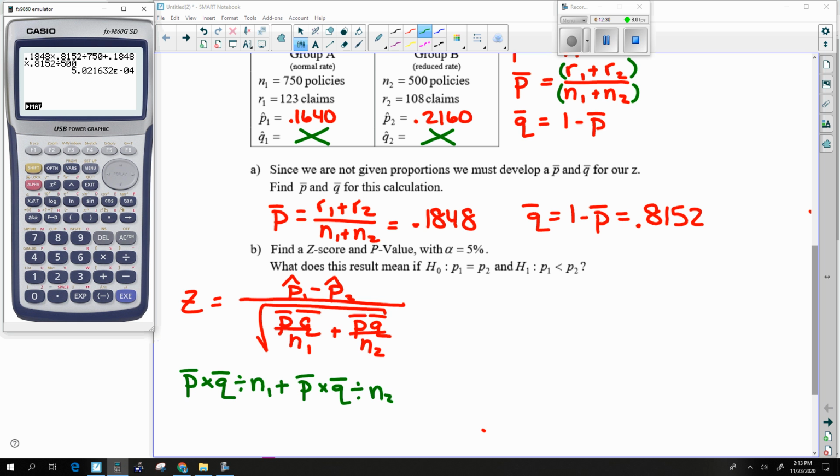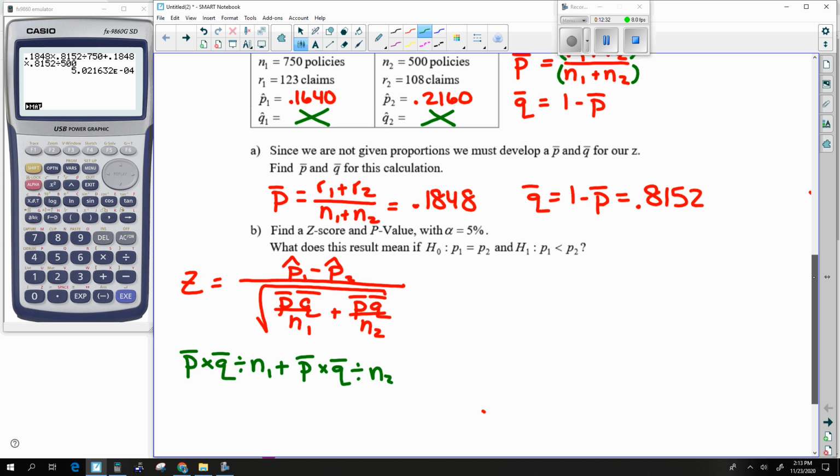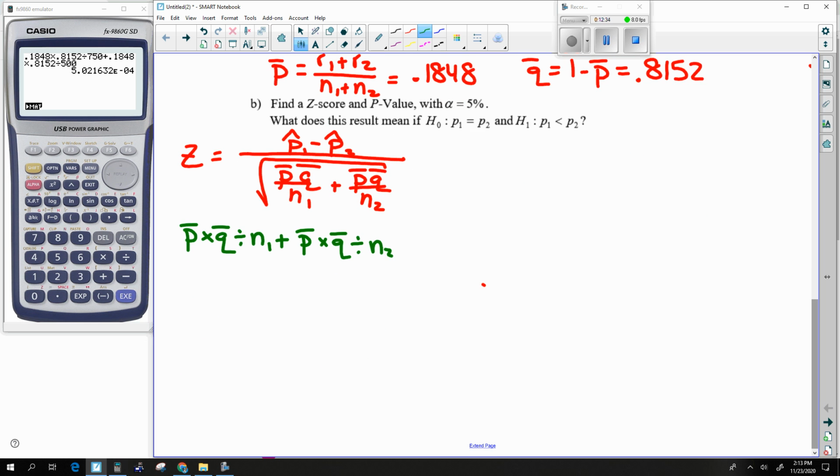That is the big messy part of the denominator. To get the complete denominator, I have to square root that answer. So that is the complete denominator.